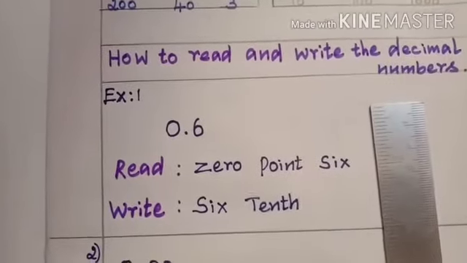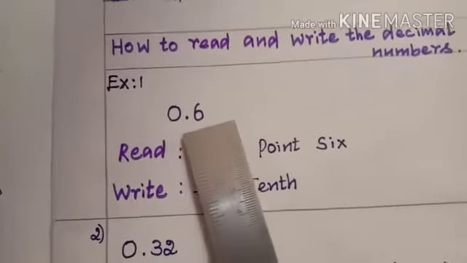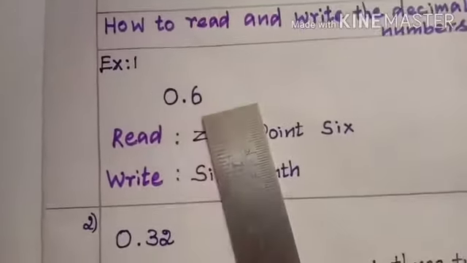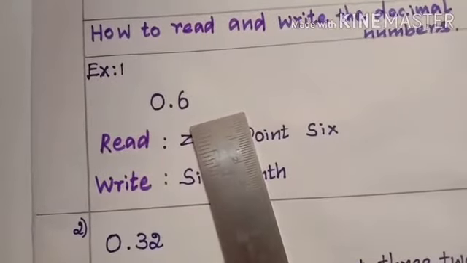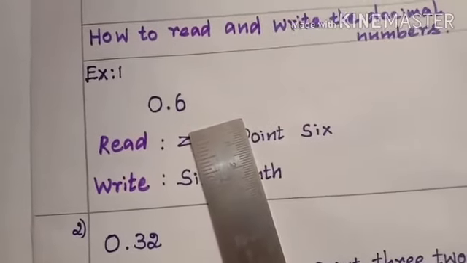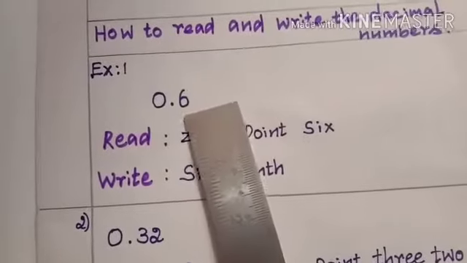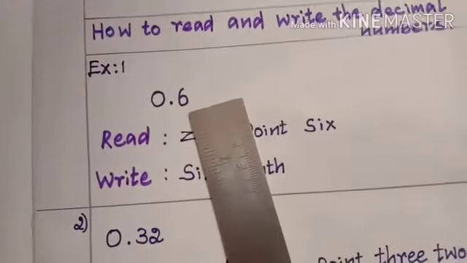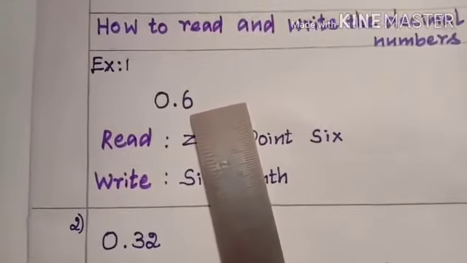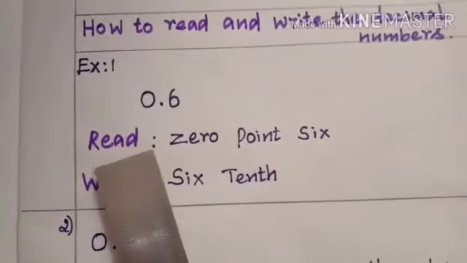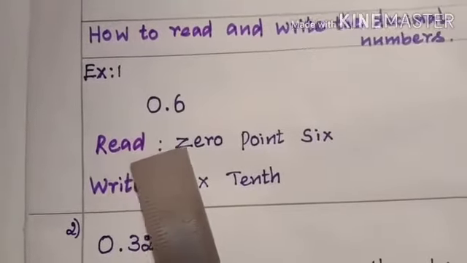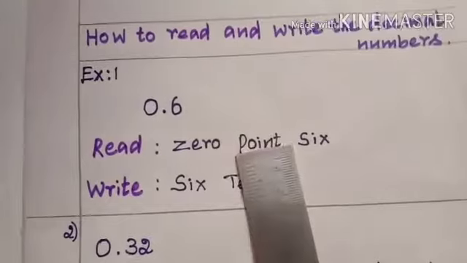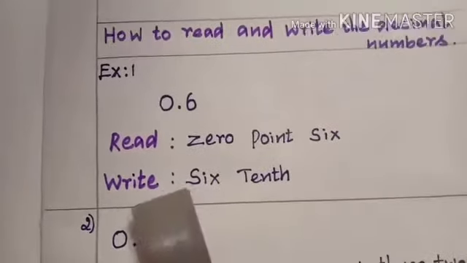Let us see the example. The decimal number is 0.6. How do we read this number? Here, there is no whole number. After the decimal point, we read it as separate digits. So here, zero point six.